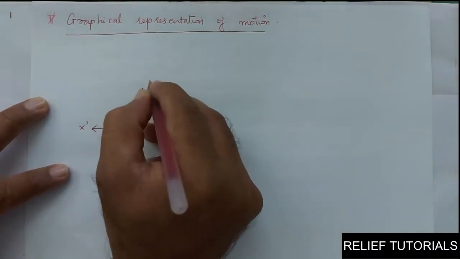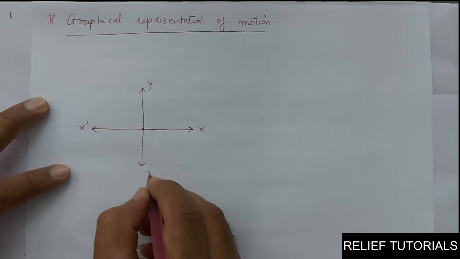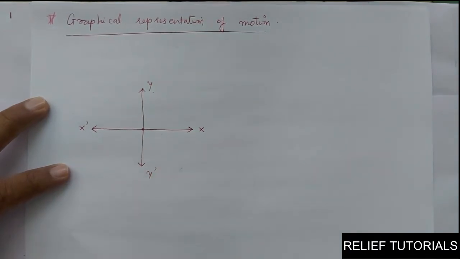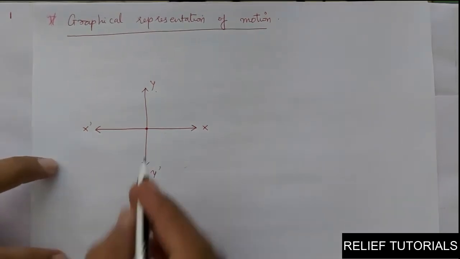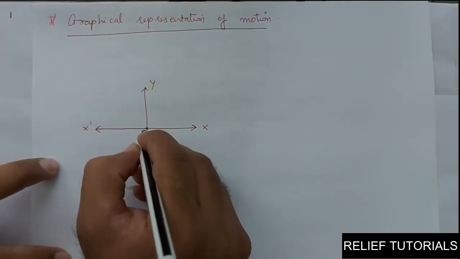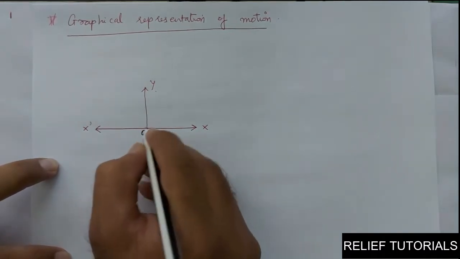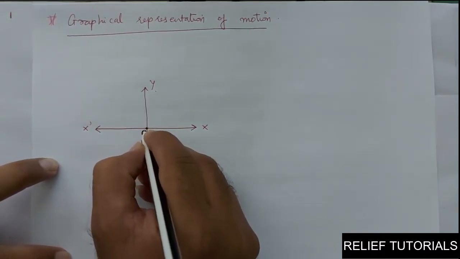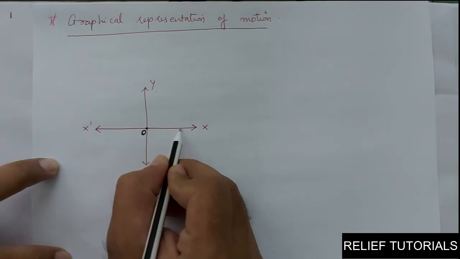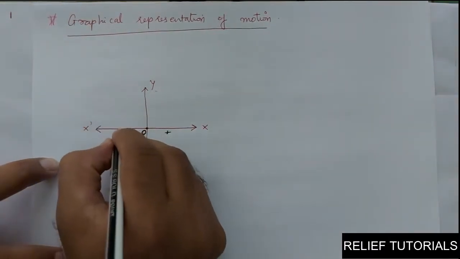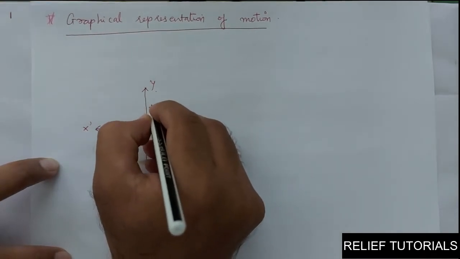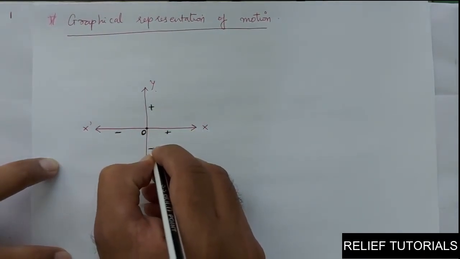From origin the upward side is positive y and here is negative y, means y dash. From origin the coordinates of this point are 0, 0. From origin the right hand side is positive x side. This is negative side. This is positive y. Here is the negative y.